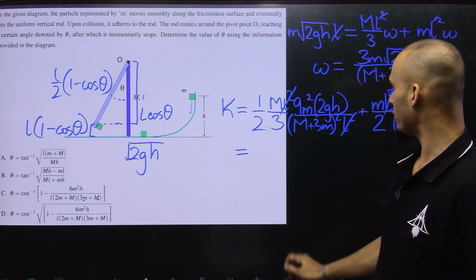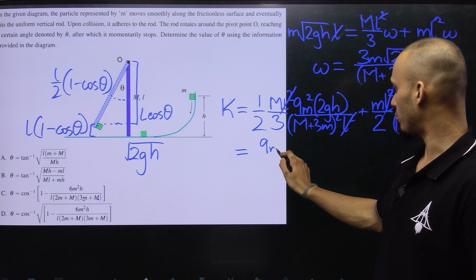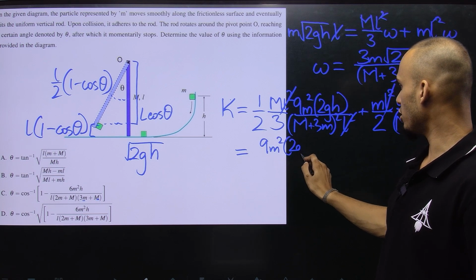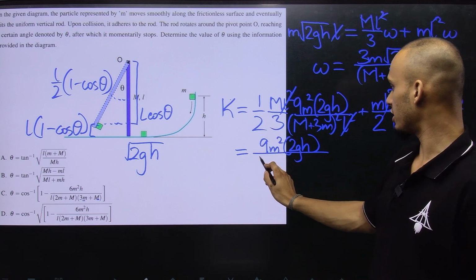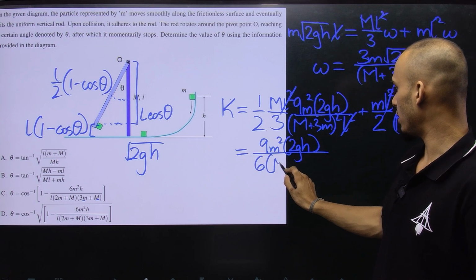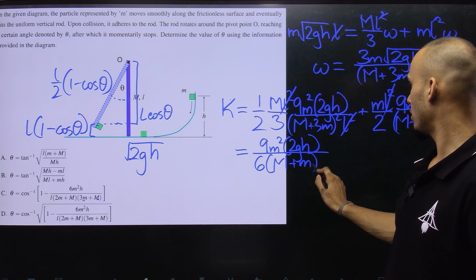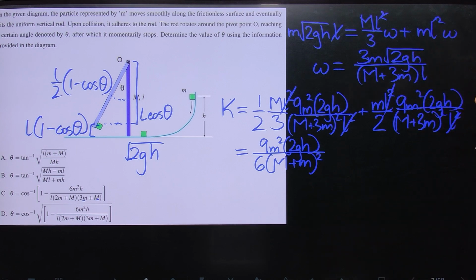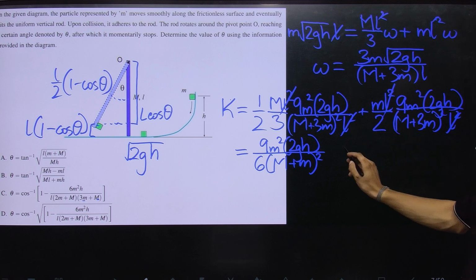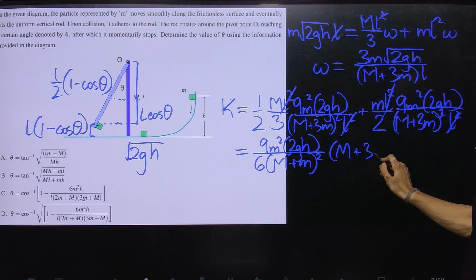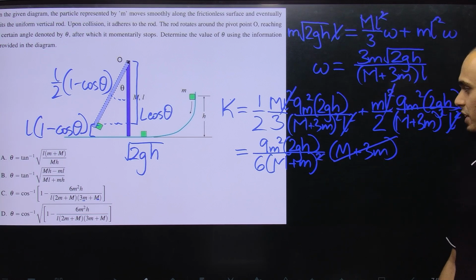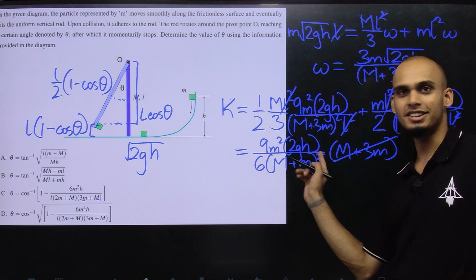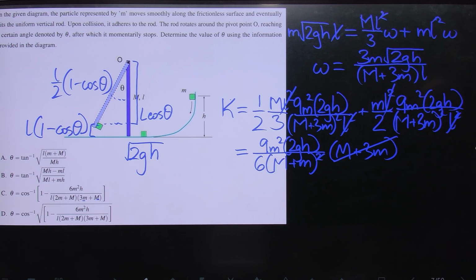Taking the rest common, we have 9m square into 2gh upon 6 into capital M plus small m the whole square, and this is multiplied with the mass capital M plus 3 times mass small m, which will simply get cancelled with one square. So we have this as the kinetic energy term.